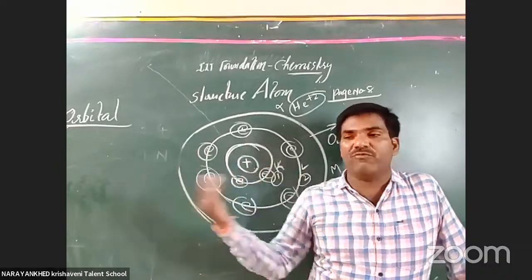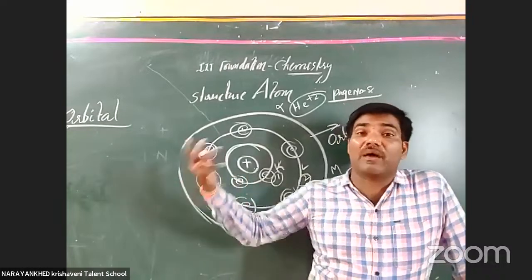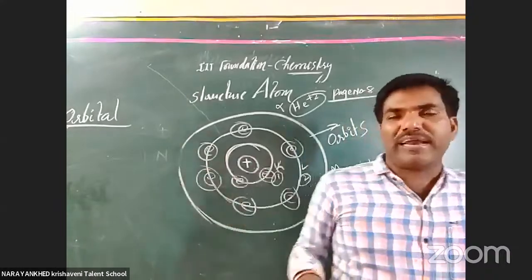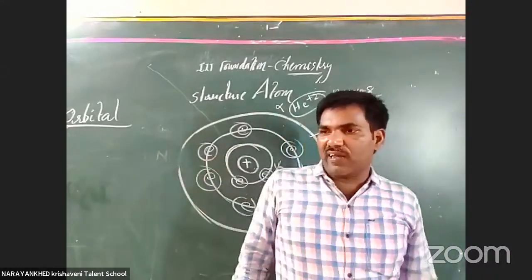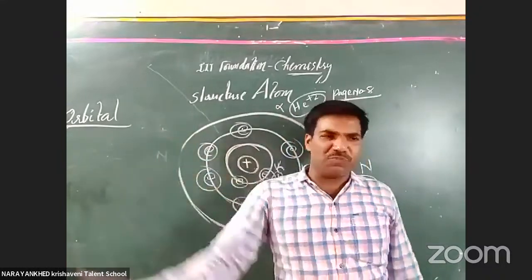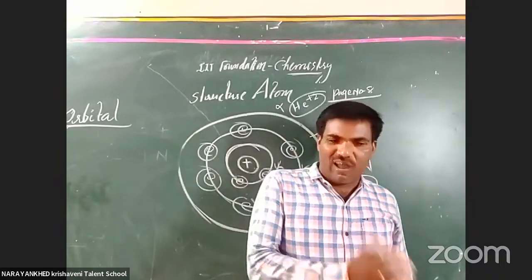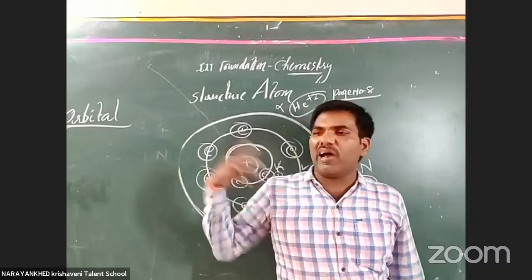Orbit is totally different from orbital. Orbital is also called suborbit. Just like in your class, you are in the second bench. Clear or not? In the second bench, which position? Middle, or last, or a corner? That is only orbital.